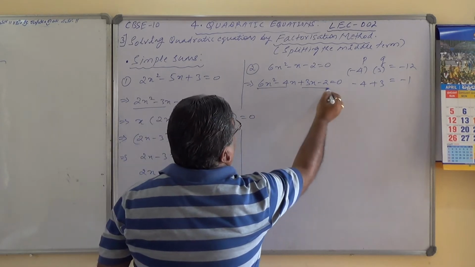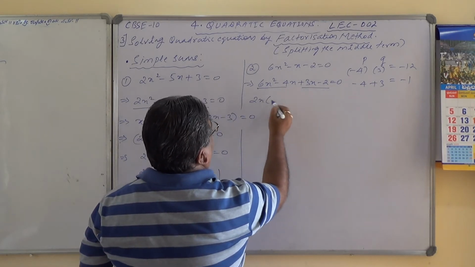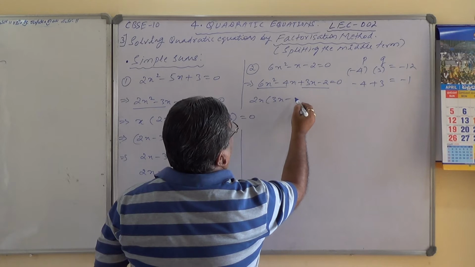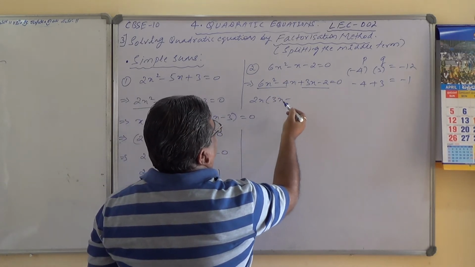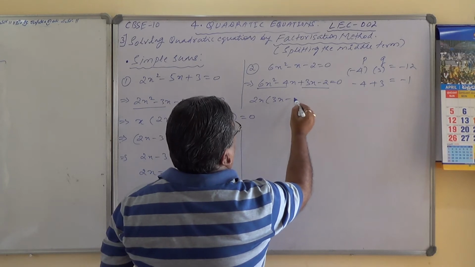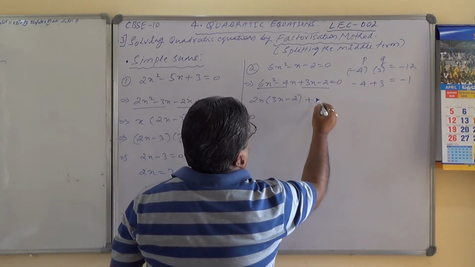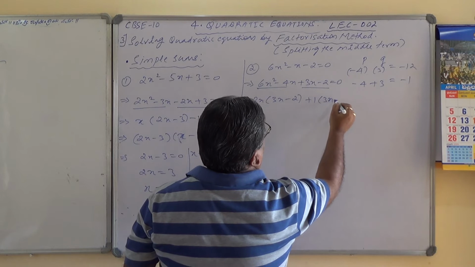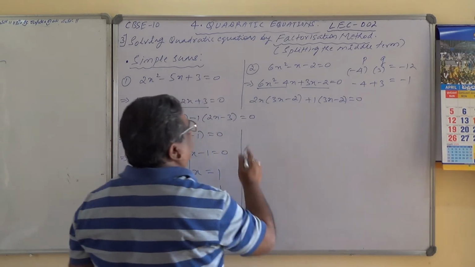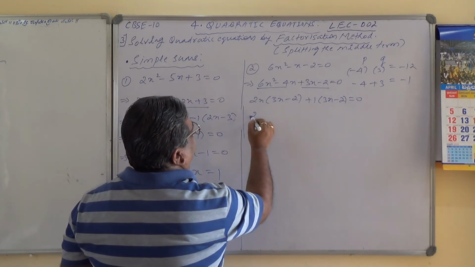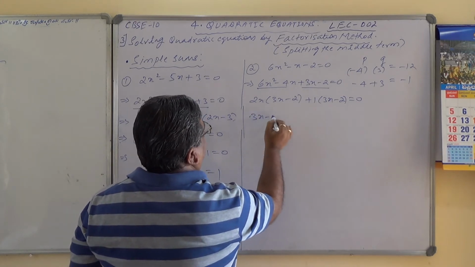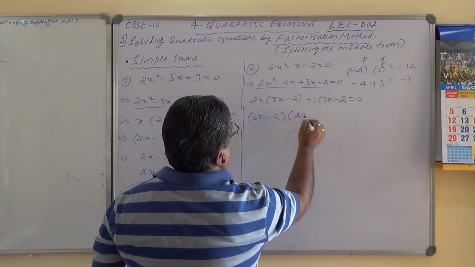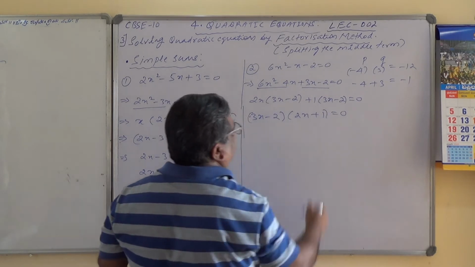Common here. If I take 2x common, this is 3x minus 2, plus 1 you take common, and what is the common out of this? equals 0.